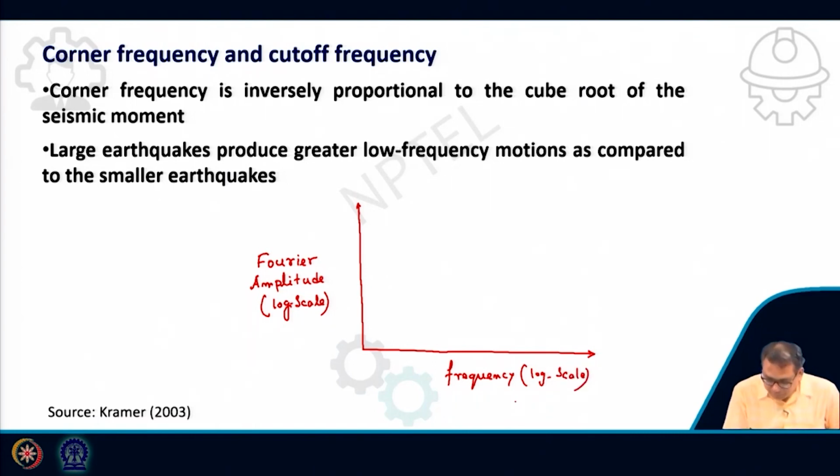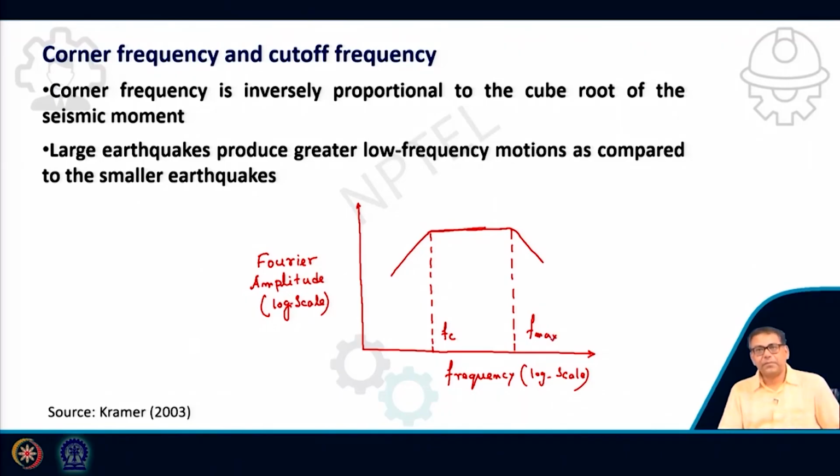Now if I plot that, then I will get a portion which is uniform. The starting of that part is called Fc, the corner frequency, and the end is called the f max, or the cutoff frequency.